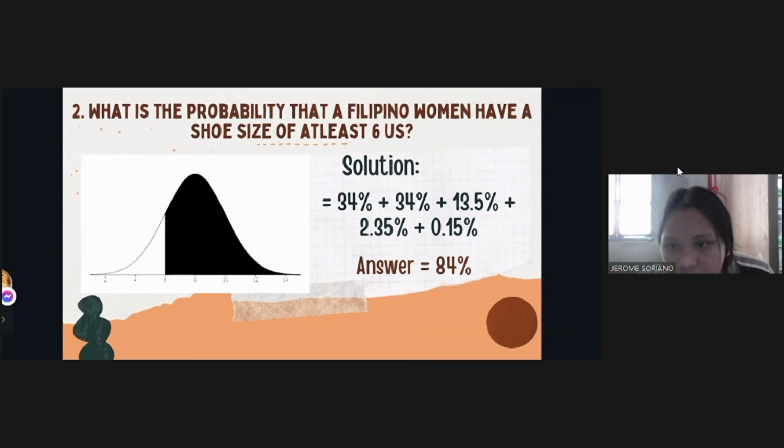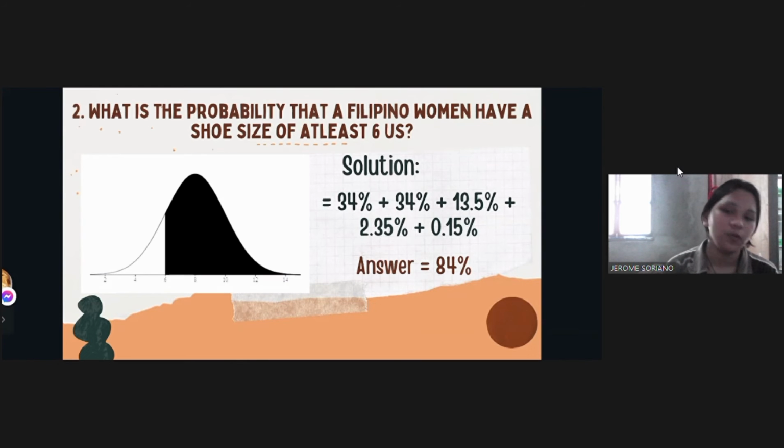From 6 US size to 8 US size, we have 34%. 8 US size to 10 US size is 34%. 10 to 12 US size is 13.5%. 12 to 14 US size is 2.35%. And the 0.15% will be added, a total of 84%. And that is our final answer.